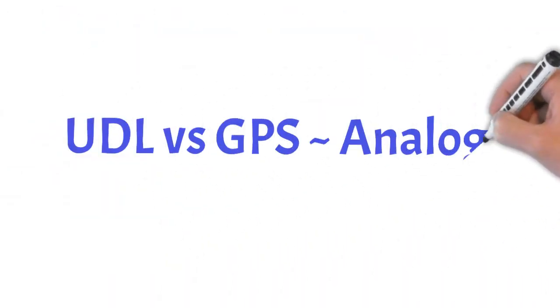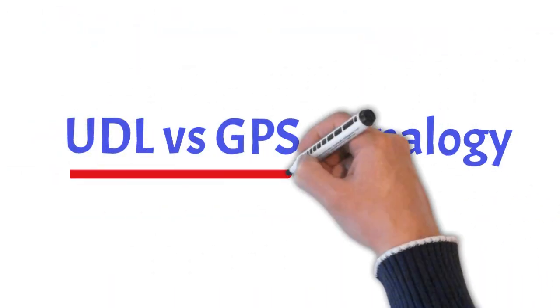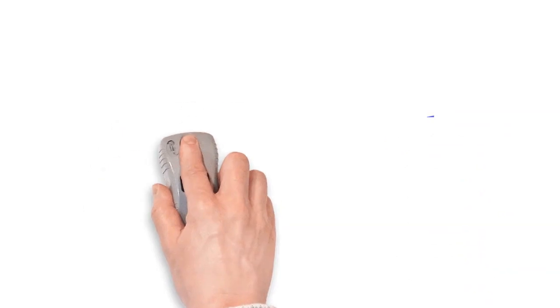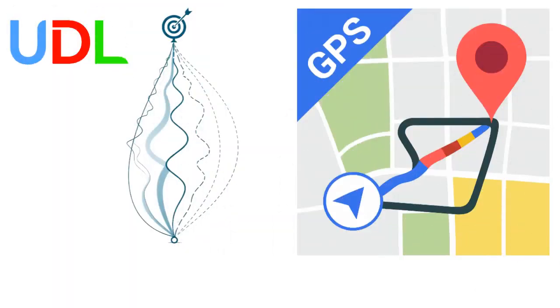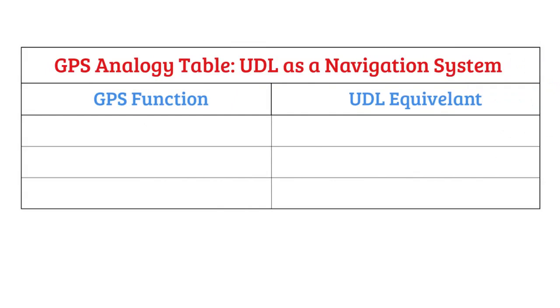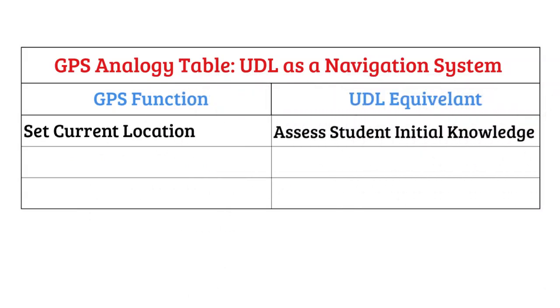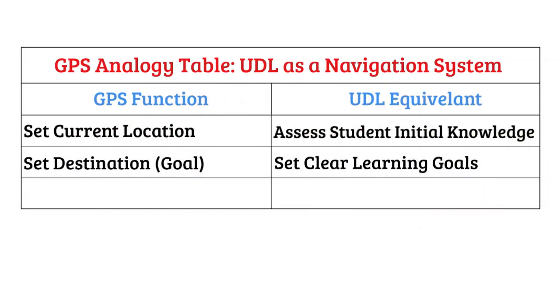An interesting analogy for UDL is a GPS navigation system, because both have one main goal, but multiple options to get there. Let's take a closer look at this helpful analogy using the following table. We can think of UDL like a GPS. First, we check where we're starting, what our learners already know and what they need. And then we set a destination, a clear learning goal.